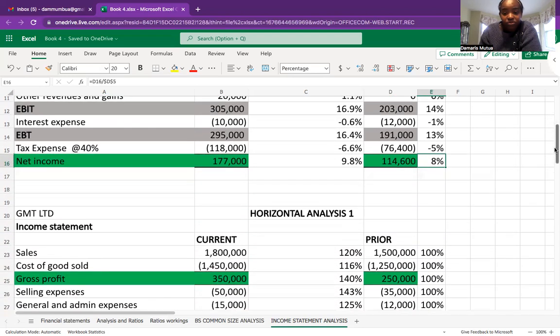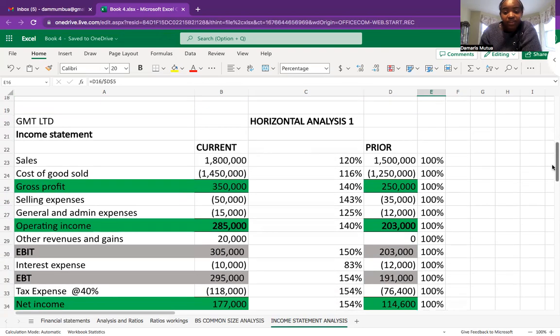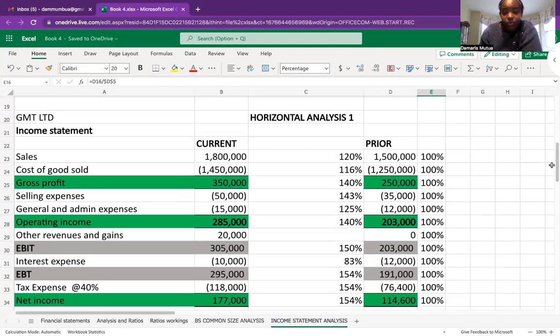When I talk about horizontal analysis, we are analyzing performance where we are using one period as a base vis-a-vis the current period. So we can use our prior period as the base. Like our sales last period were 100%, so everything in the prior period will be 100%.